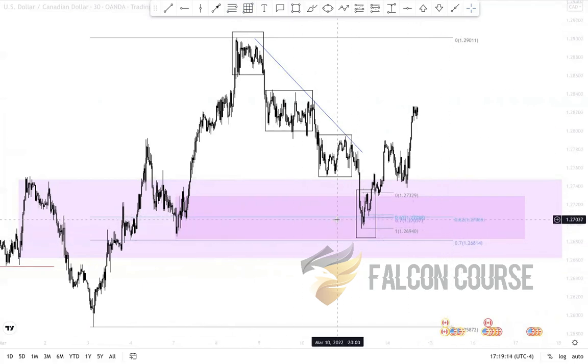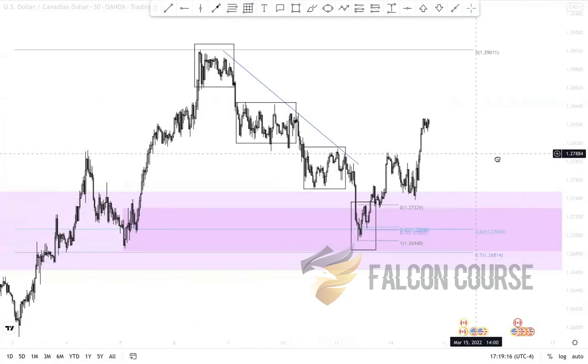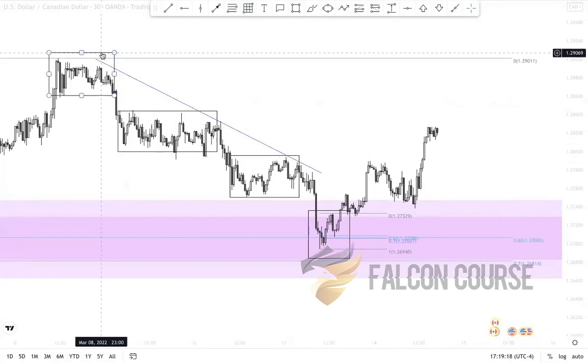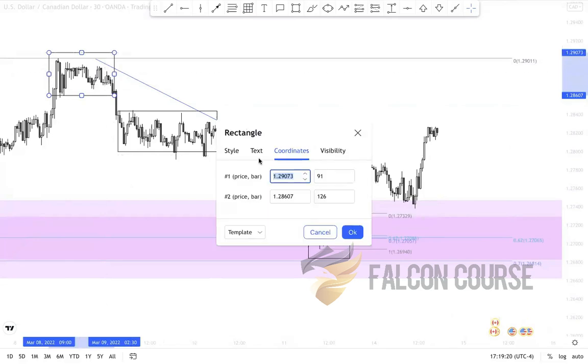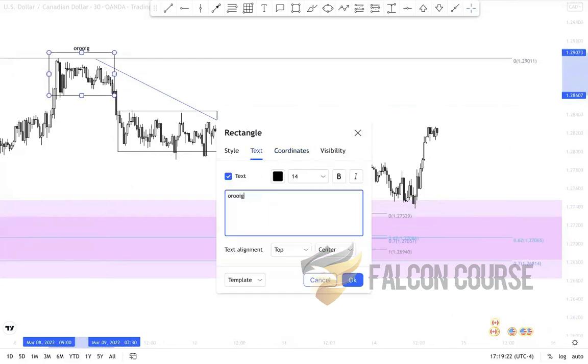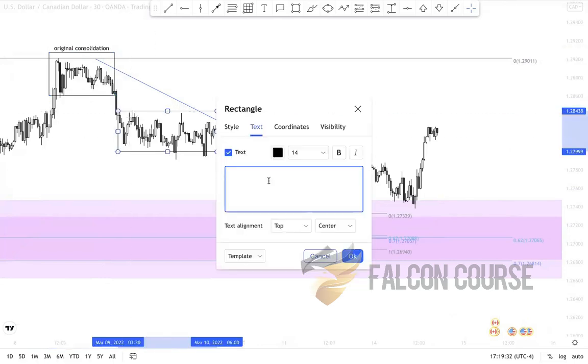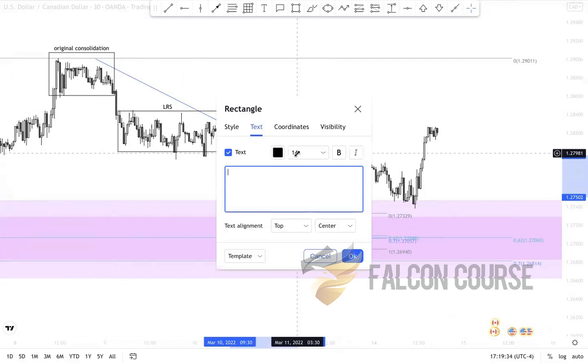So this was 62. We had also the 30-minute original consolidation. We had the low risk sell, we had the redistribution.